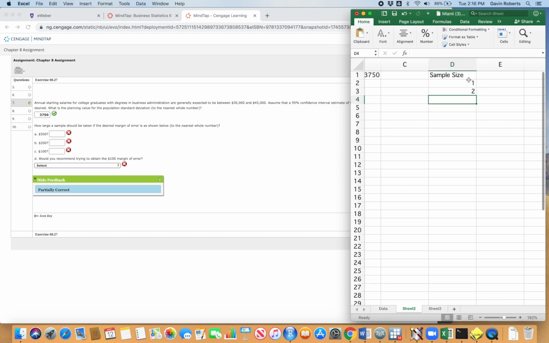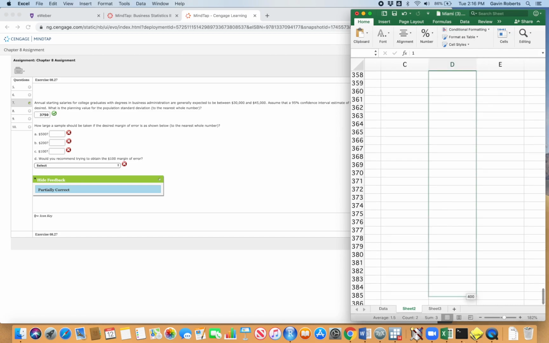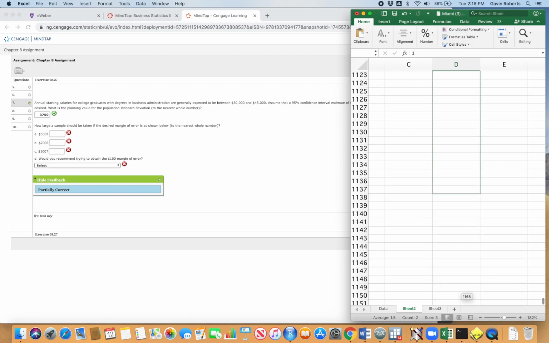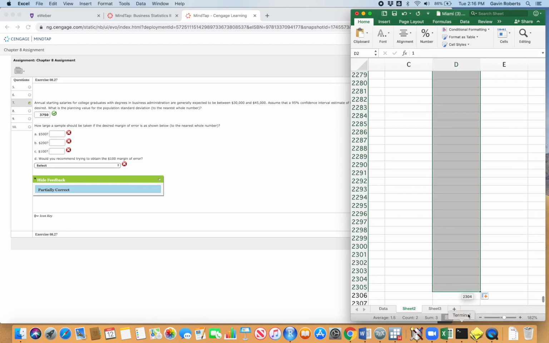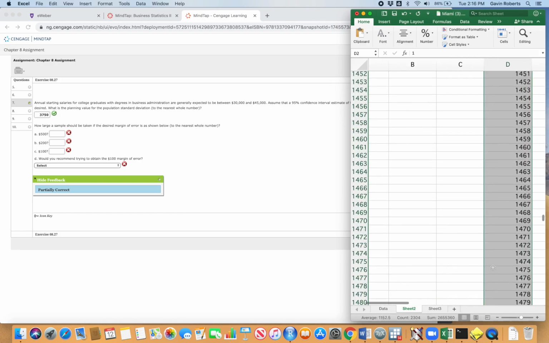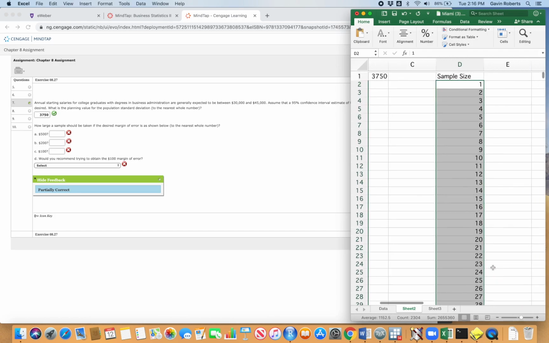Is 2 going to be enough? Probably not. But then we can just drag this. Is 2,304 going to be enough? We are going to find out.